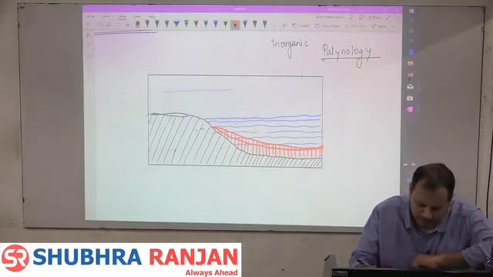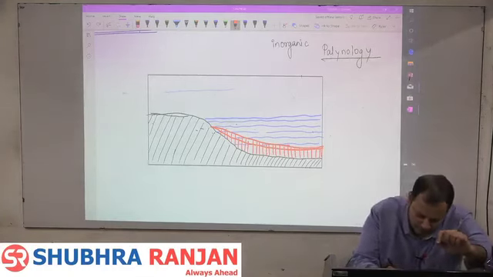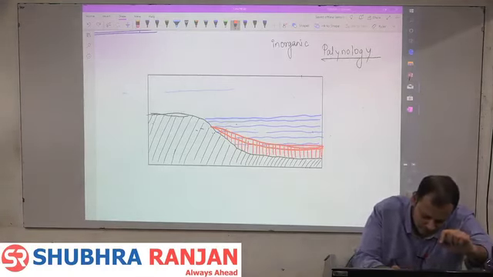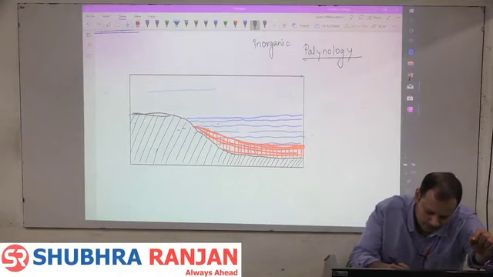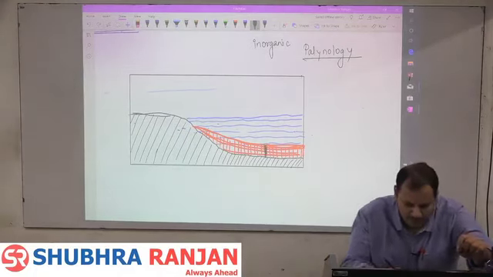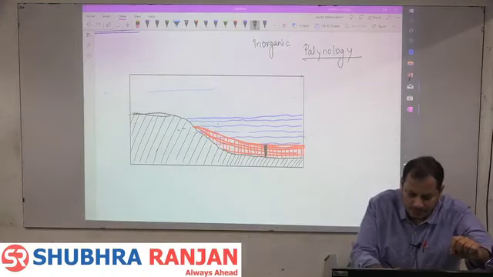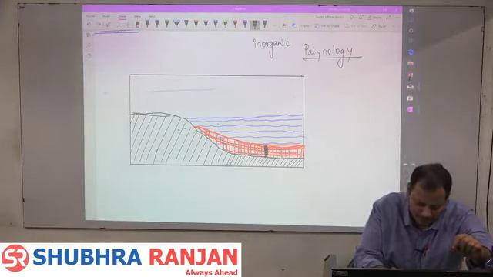Tell me, have you understood this line? By studying the layered sequence of deposition of the pollen grains, means in different layers what pollen grains are preserved. Next point. You can draw this diagram first.